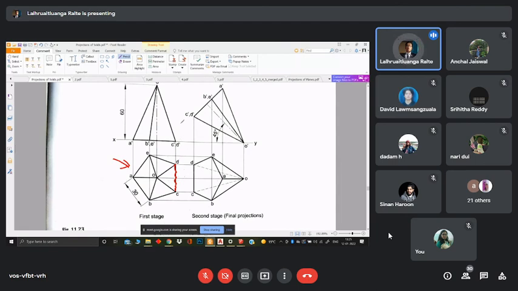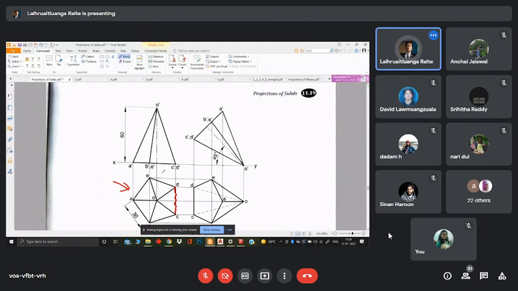When a line is perpendicular to VP, it is parallel to HP. When a line is perpendicular to HP, it is parallel to VP. That is always the condition. So we are making one edge perpendicular to the VP to make sure that it is parallel to the HP. All right, and then we get our front view.